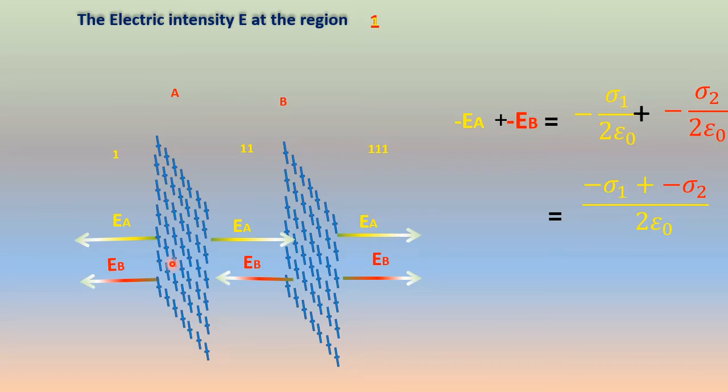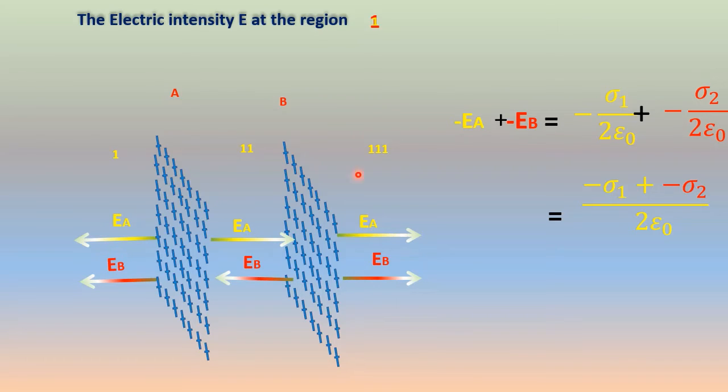Here, the electric field is in the same direction. If you are taking this direction as positive, then this can be taken as negative because electric field is a vector.